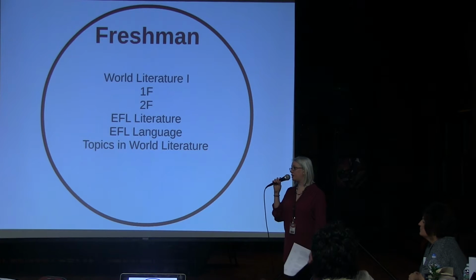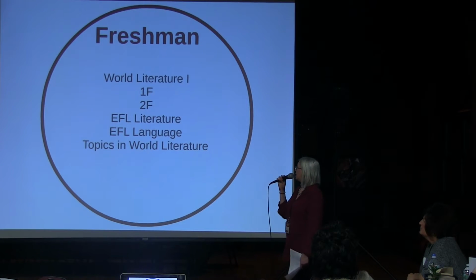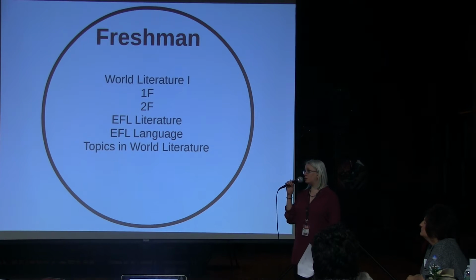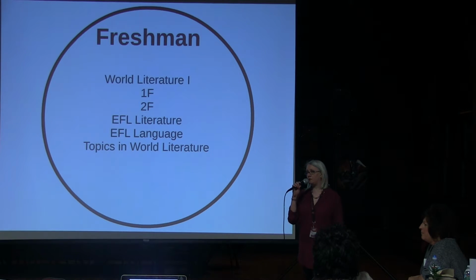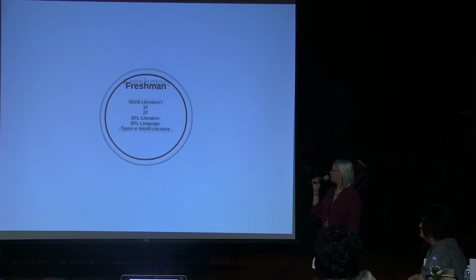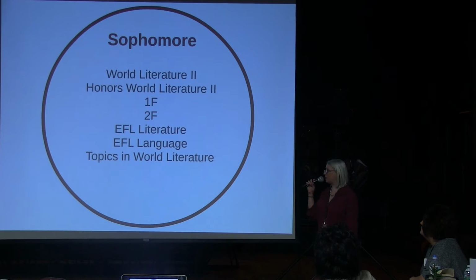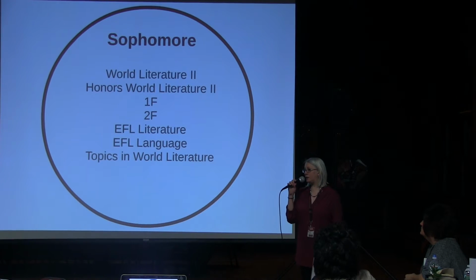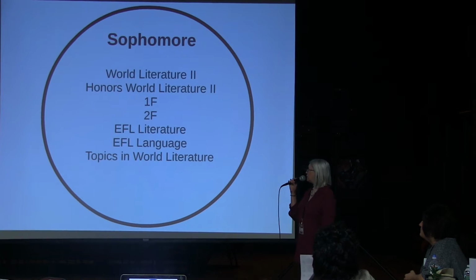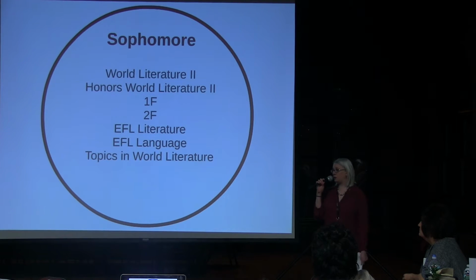So after, I guess in the next couple of weeks or so, you should start hearing your students talking to you about what they might be taking next year. In World Literature 2, in the 10th grade, we have 2 levels. And teachers right now are working on recommendations for either World Literature 2 or Honors World Literature 2.